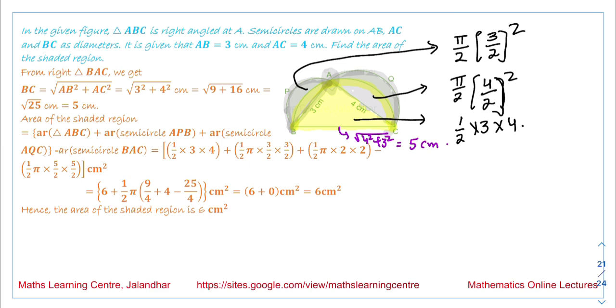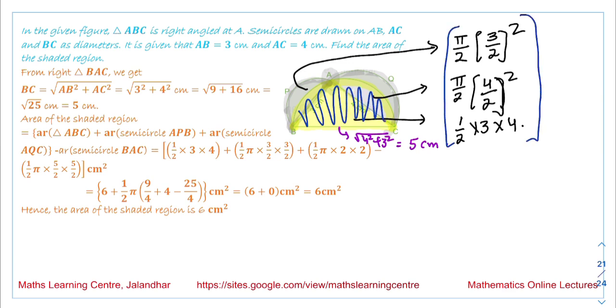Next we are subtracting the area of this semicircle. We are adding these three areas and we obtain the area of this whole region. Then we subtract the area of the big semicircle, which will be pi by 2 into 5 by 2 square, as the radius is 5 by 2.